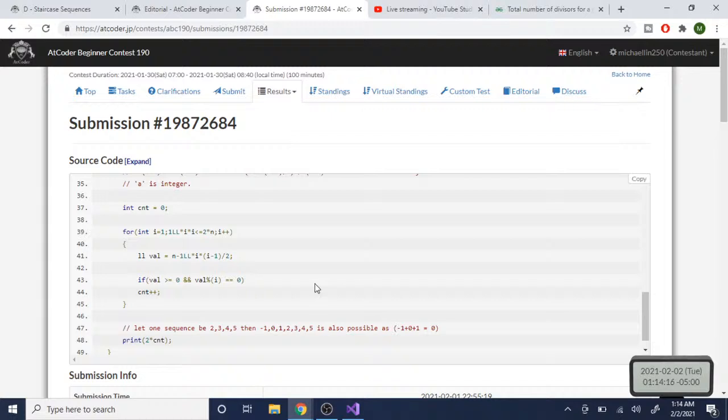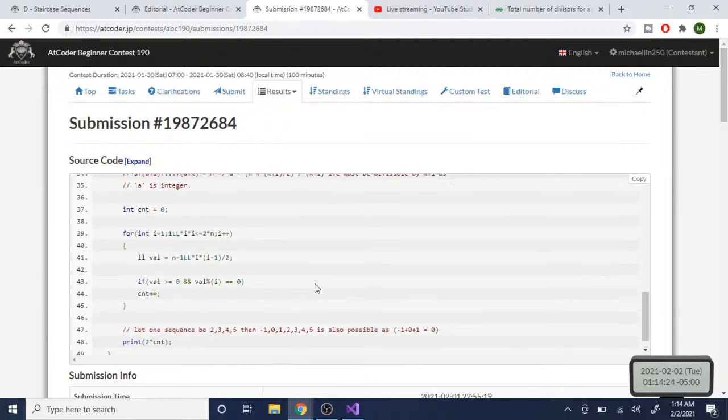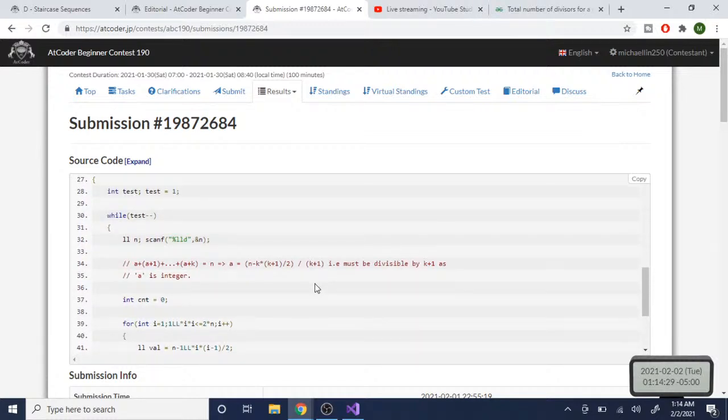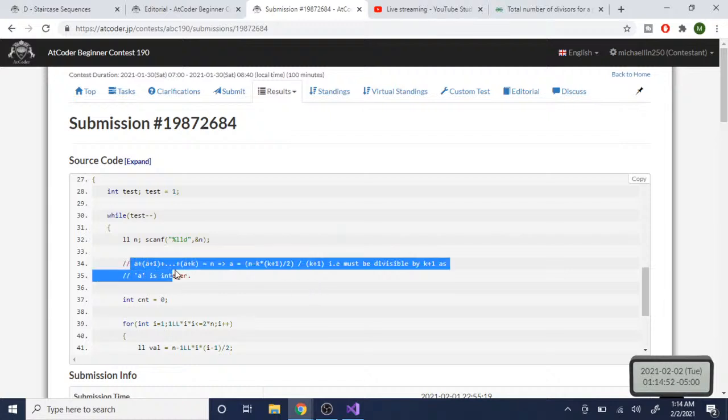So if a plus 1 up to a plus k is equal to n, which implies that a is equal to n minus k times k plus 1 over 2. Oh. Which means that it must be divisible by k plus 1 if a is an integer. Okay, this makes more sense.